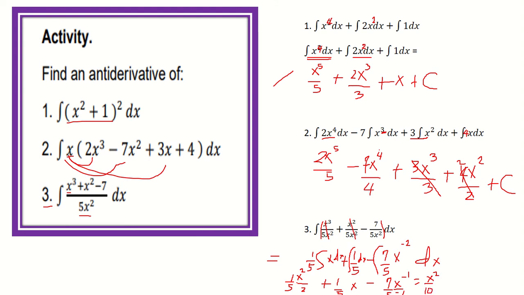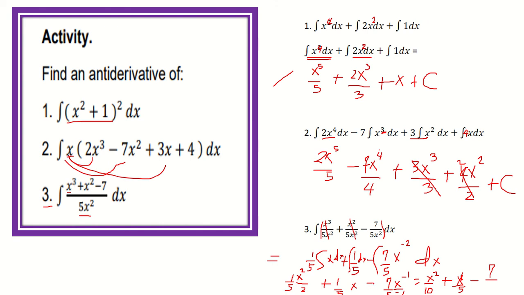Okay. Sunod plus x over 5. Tapos minus 7. So, kaning negative 1 times 5, that is negative 5 na, di ba?